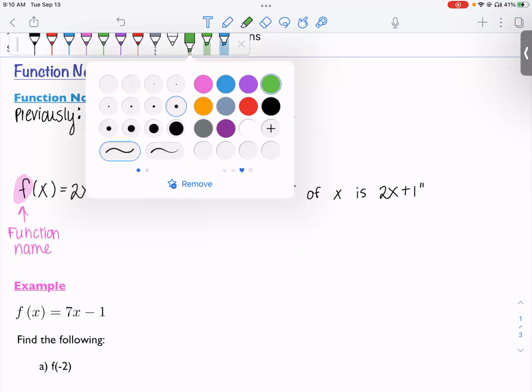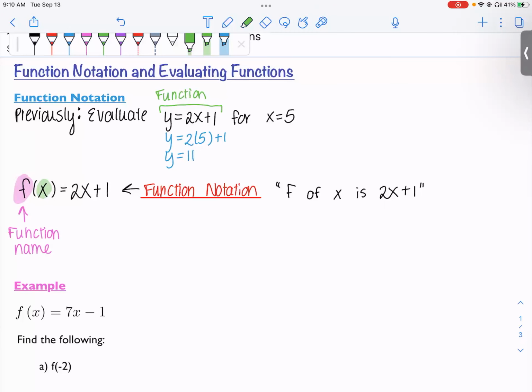And this x right here tells us what the input variable is. This is the variable that we're going to plug into the function. Up here we said plug in x equals 5. This is telling us x is the thing you're looking at. x is the thing that will change in this expression, which is the input variable.